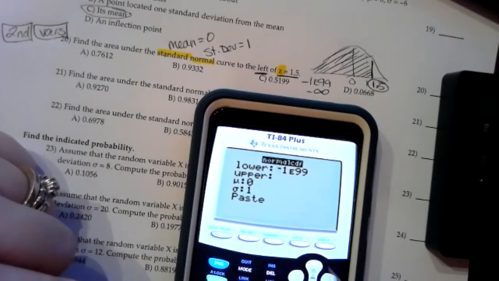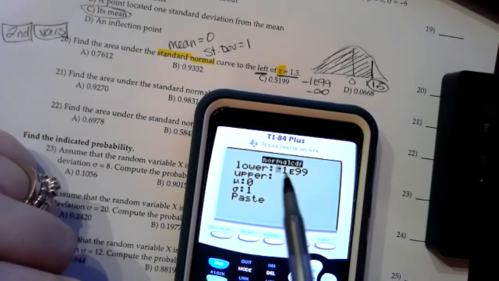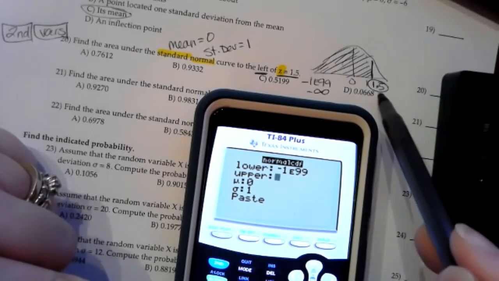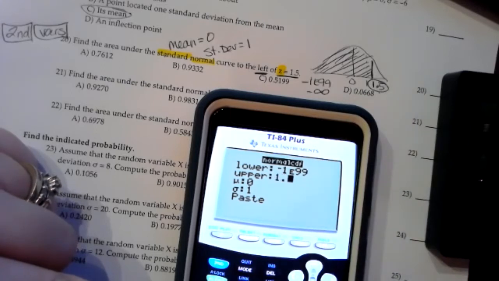It's cumulative. Our lower value is -1E99. To get it, we do negative, we do a 1, we do second, we do our comma button, which pulls up our E, 99. Our upper is going to be this 1.5 that we have.